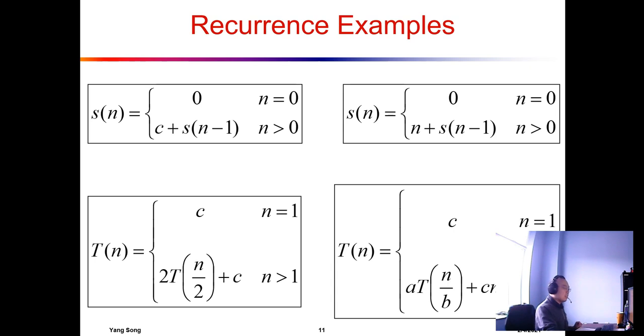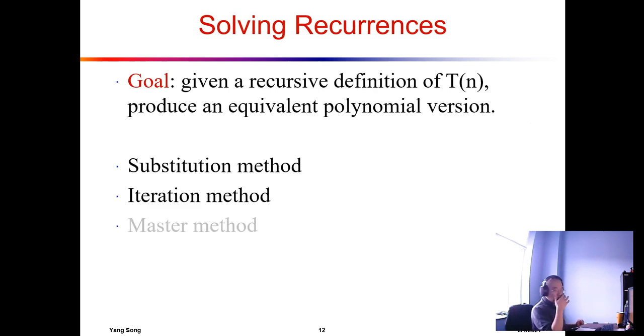For this type of recursive definition, our question is, how do we go from this recursive version of T(n) and come up with a non-recursive, or polynomial, function of n so that we can move on and study the big O, big omega, and then eventually the big theta, right?